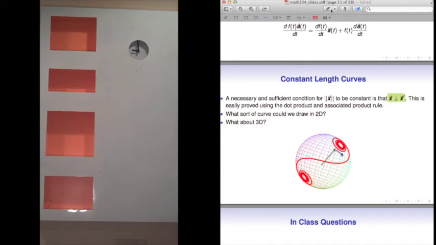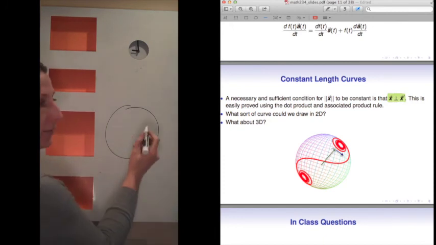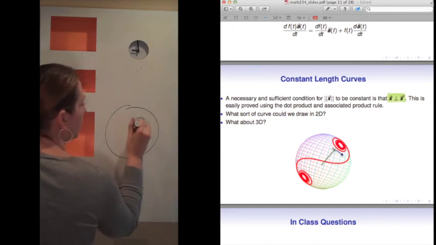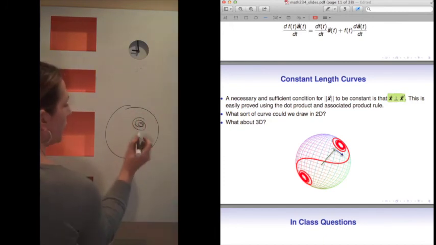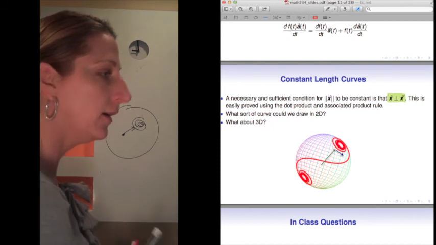If you notice, I have here my green vector, which is my position vector. If I look at where this starts spiraling around, I have my position vector, and that's green.